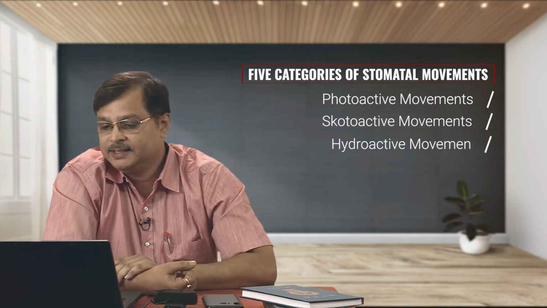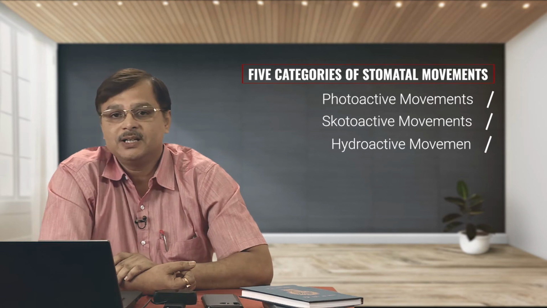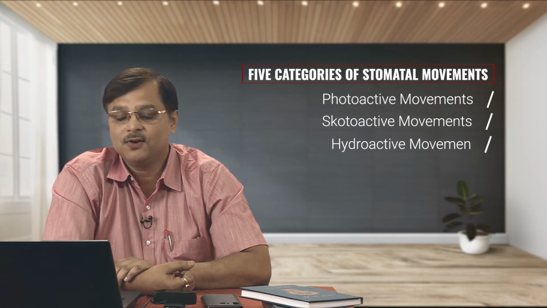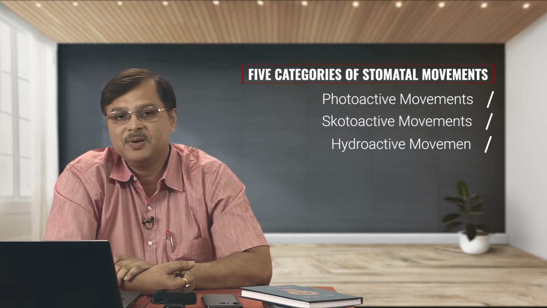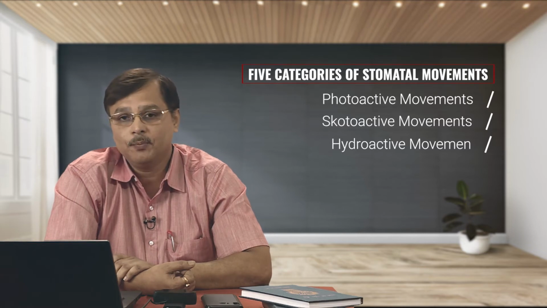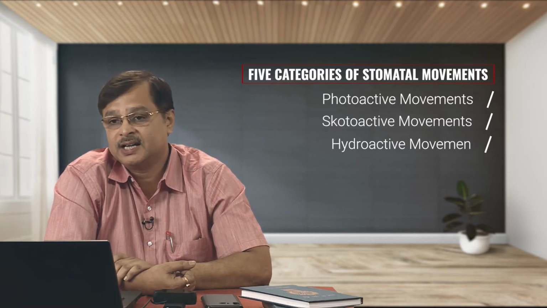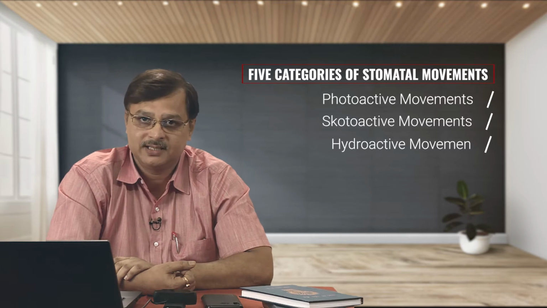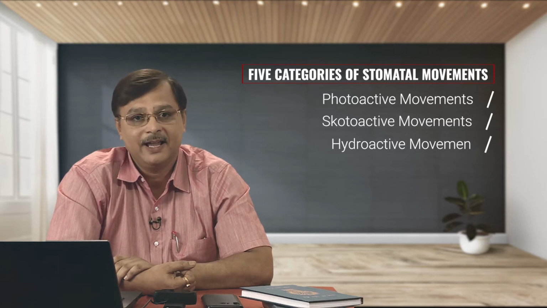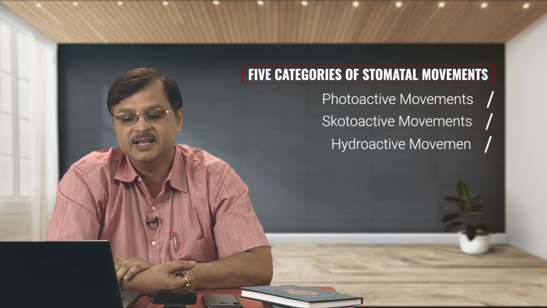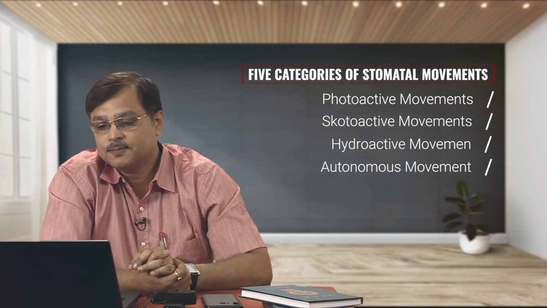Hydroactive movement. In certain cases, stomata close due to excessive loss of water from the epidermal cells and open due to turgid condition of epidermal cells. This is usually found during midday. Autonomous movement.